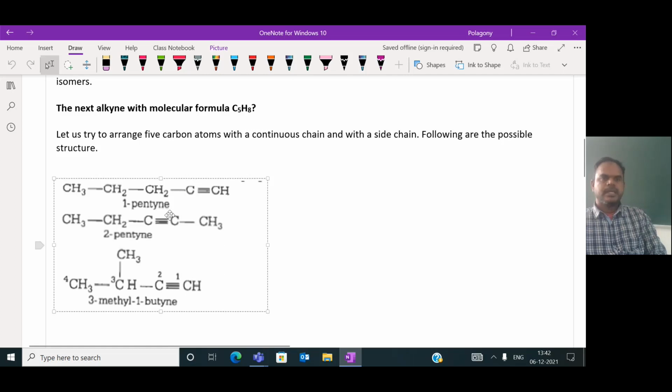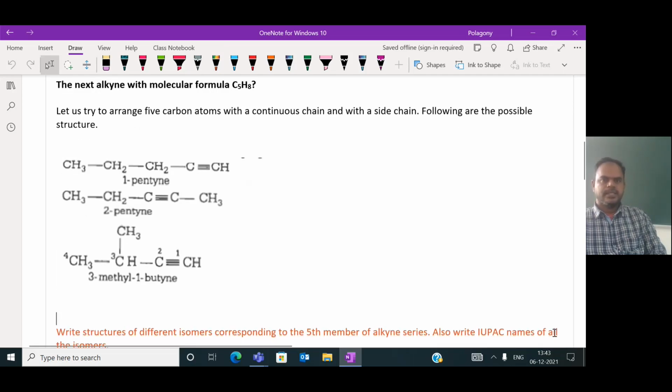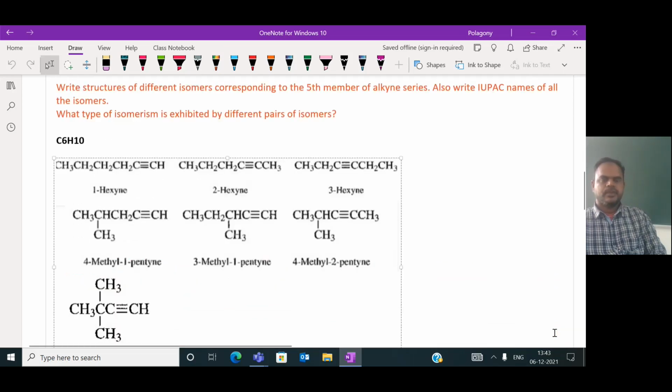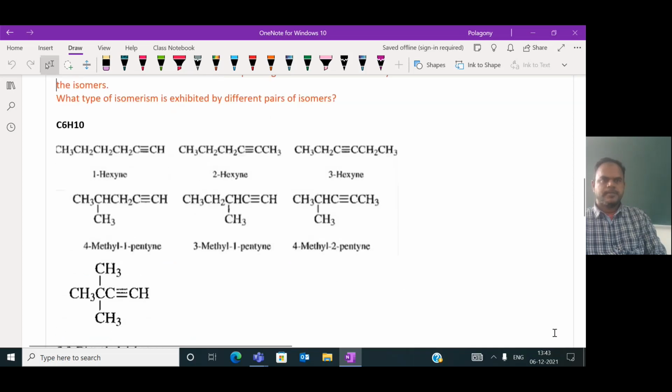Then there is pent-2-yne, and there is 3-methyl-1-butyne. This is a branched isomer. These are the two position isomers. Totally 3 structures we can write for C5H8.